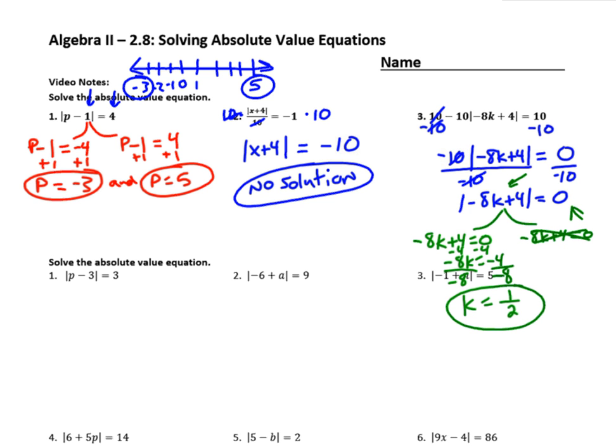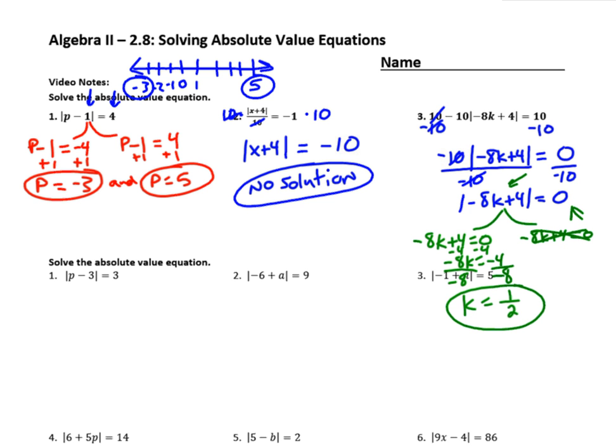In order to get rid of the absolute value though, I didn't really have to split the last two because one was a no solution, equal to a negative, and 1 was equal to 0, which doesn't make sense to have a negative 0, so I don't actually have to split that one. But the first one, in order to get the absolute value away, I had to split it.